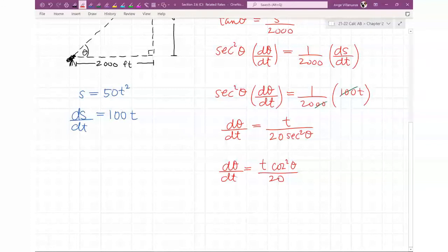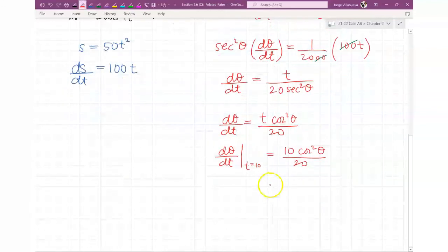What is cosine of theta, and then I have to square it. And what is t? Now, I do know what t is. d theta dt when t equals 10, that's going to be 10 cosine squared theta over 20. So notice I'm just left with cosine squared theta over 2.